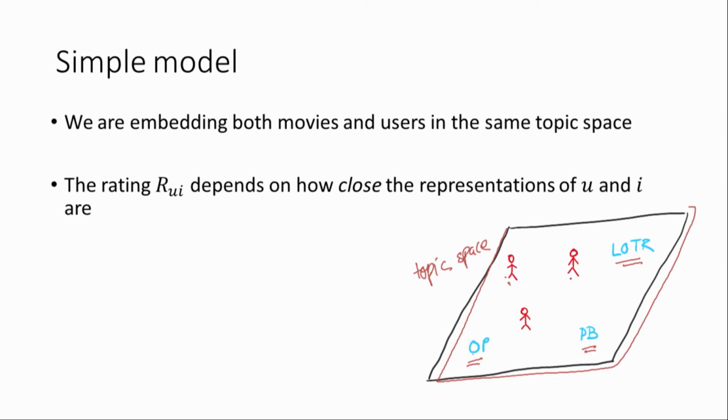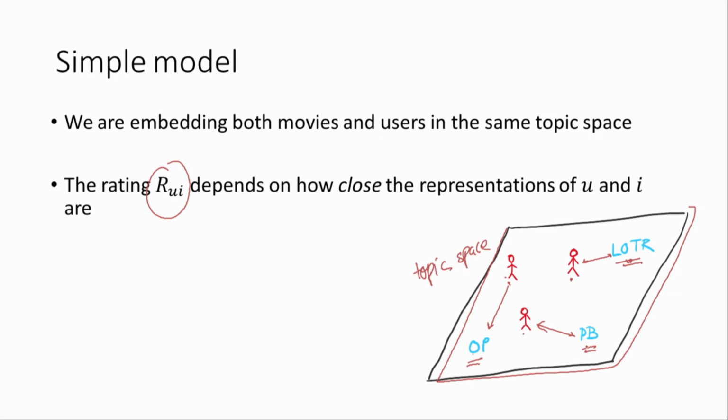So the user is a point in the space based on his or her interest preference. The movie is a point in the space based on what the movie is talking about. And whether the user likes the movie is dependent on the distance between them, right? If the user is close to a group of movies, then of course he or she is interested in this. So the rating, R_UI, depends on the distance between this user's representation and the movie representation.